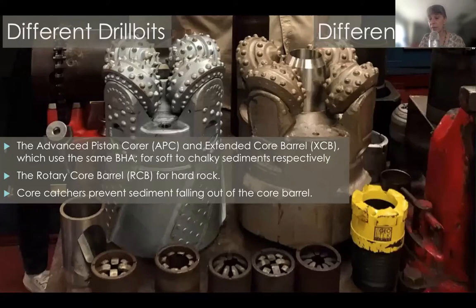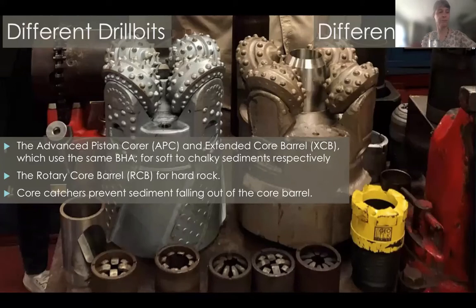When you're working with soft sediments, you're using a hydraulic piston core device, but they have a cutting device on the end of that when you start getting out of soft sediment. These guys down here are core catches, which are basically things that you stick in the bottom of the core to stop your core falling out as you pull it back up the drill pipe.